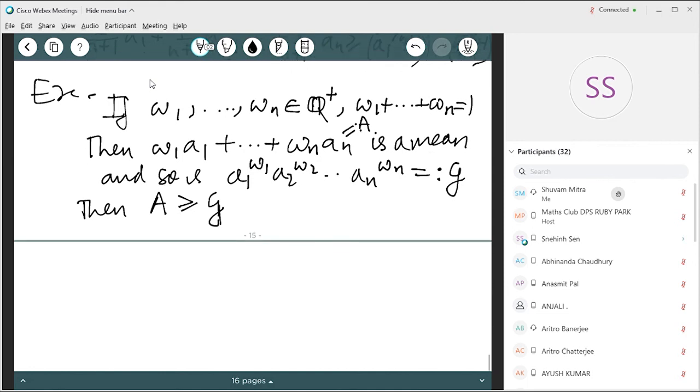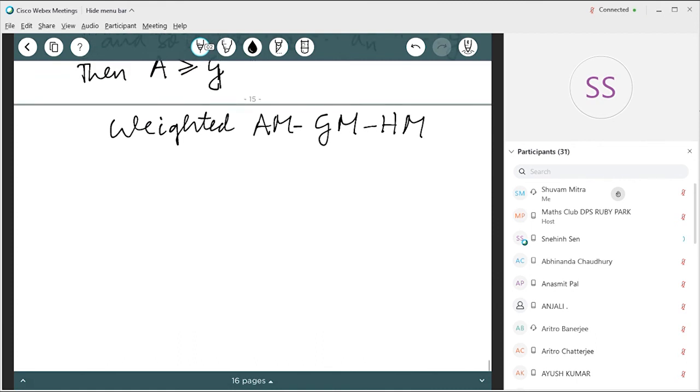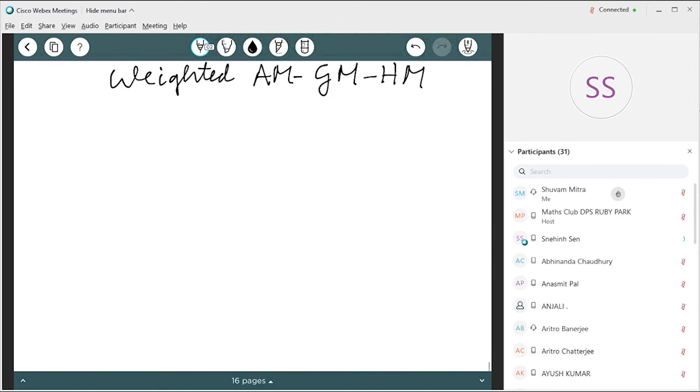I'll just generalize this and state it as a fact. This is called the weighted AM-GM inequality, or rather AM-GM-HM. And you can also define harmonic means. I'll define the harmonic mean now. First of all, A1 to AN are greater than 0.